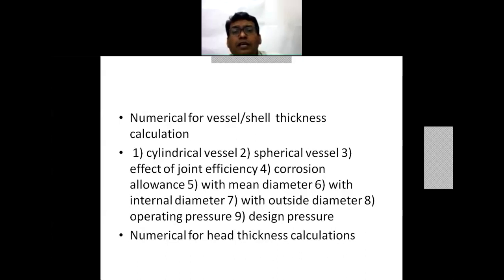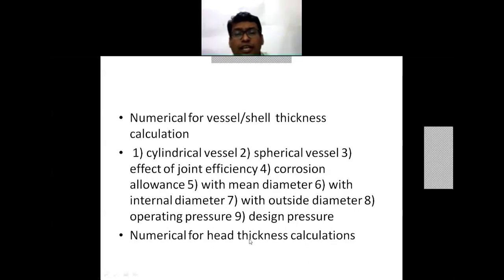Now we will see the numericals that will be associated with the cylindrical vessel and the spherical vessel, then the effect of joint efficiency, then the effect of corrosion allowance. We will do the calculations with the mean diameter, with the internal diameter, with the outside diameter, with the operating pressure, and with the design pressure.